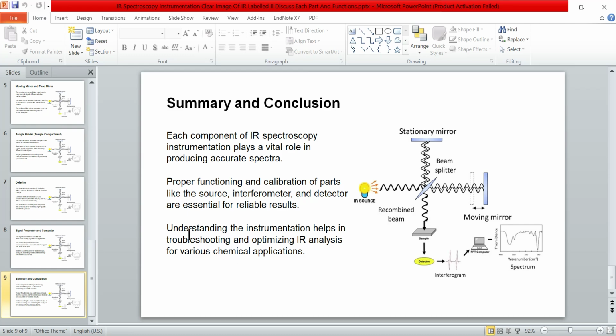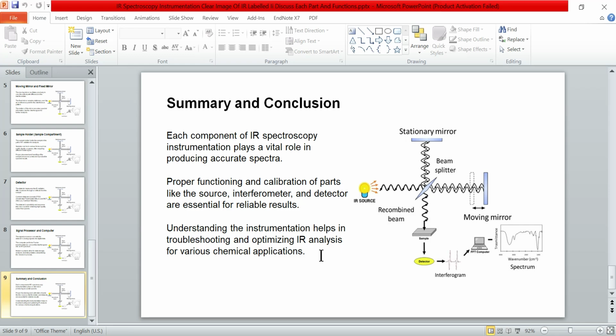Understanding the instrumentation helps in troubleshooting and optimizing IR analysis for various chemical applications. It is very important to understand IR instrumentation to get the functional group of an unknown compound.